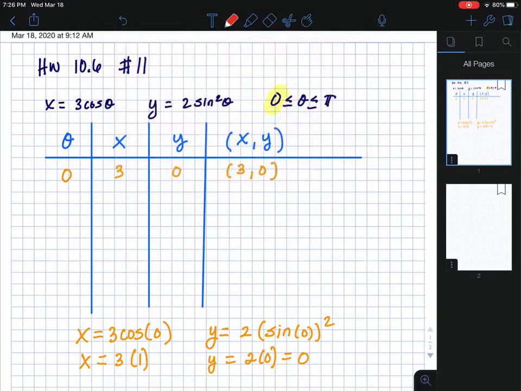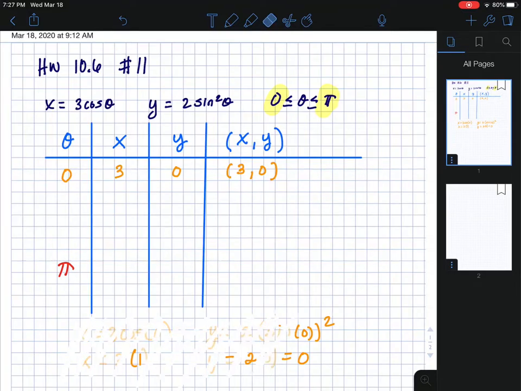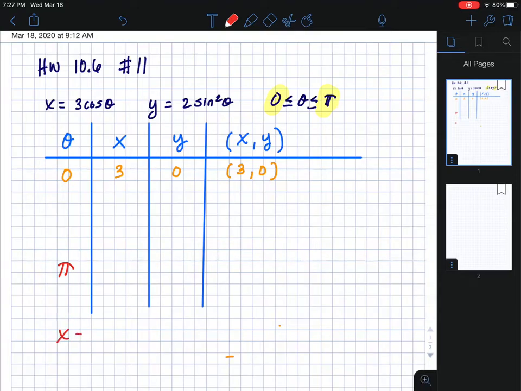We'll do another one. We'll go at the end, and we'll put pi. We're going to utilize this end right here. So when we plug in pi for theta, x is equal to 3, and cosine pi is -1, therefore we get -3.